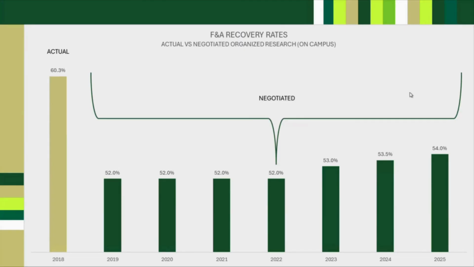So just for an interesting comparison, the organized research rate that we calculated based on our financial records and our space survey and all the things that go into creating that proposal, we calculated a 60.3% rate. What we negotiated were the green bars: 52, 52, 52, 53, 53 and a half, and 54.